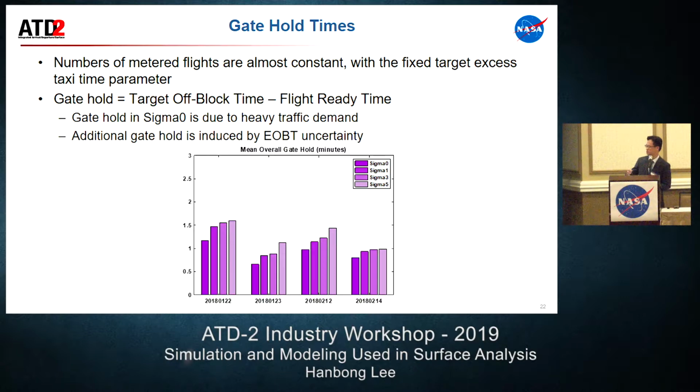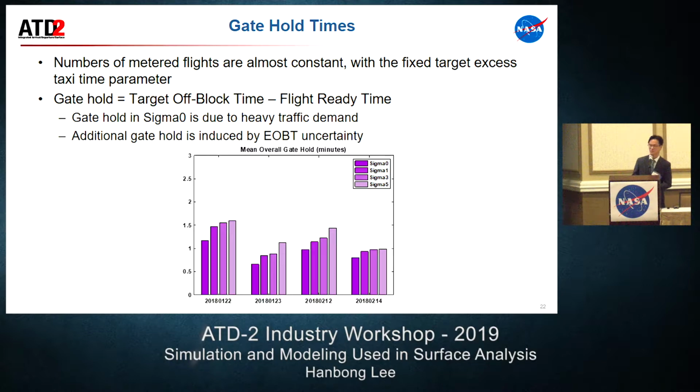So if the UVT is too late, then that flight will be held at the gate until the UVT value provided by the carrier. So that's why we have long gate holding with the UVT uncertainties like this. Okay, so this additional gate hold is just induced by the UVT uncertainty.